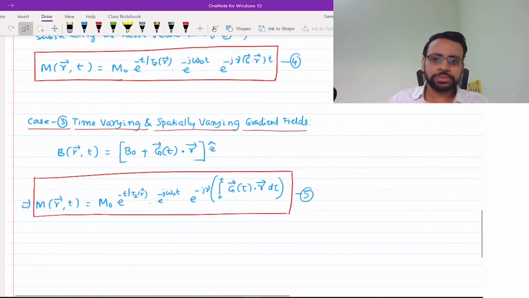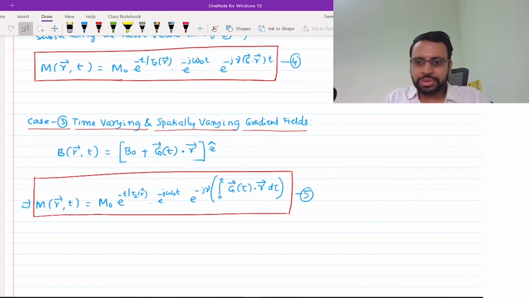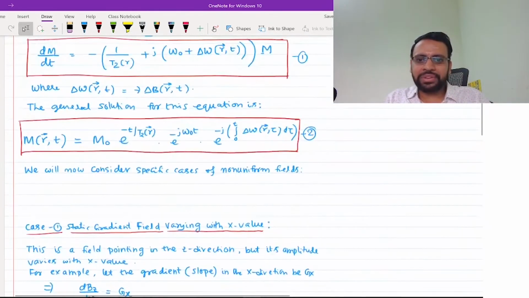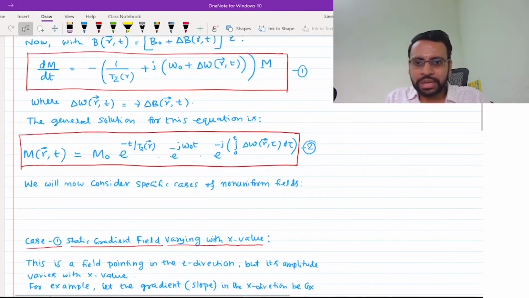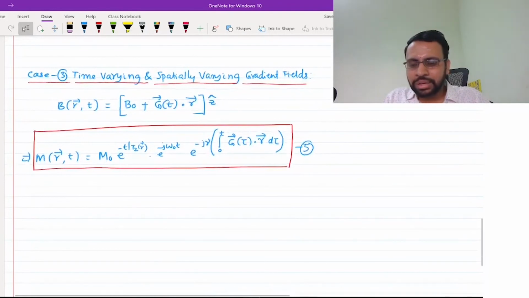The last case we are going to look at is where you are varying the gradient fields with time. Then what you have to do is, of course, keep the whole thing as it is, delta omega of r bar comma t. In that place what you have now is B naught plus gradients that are varying with respect to t.